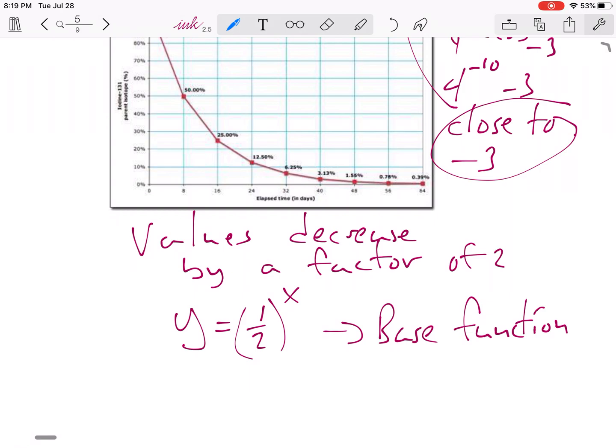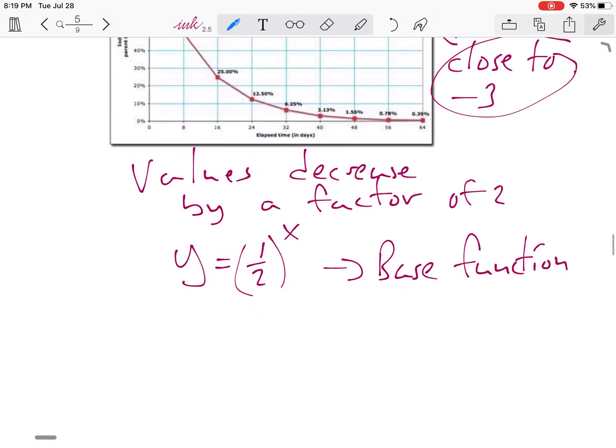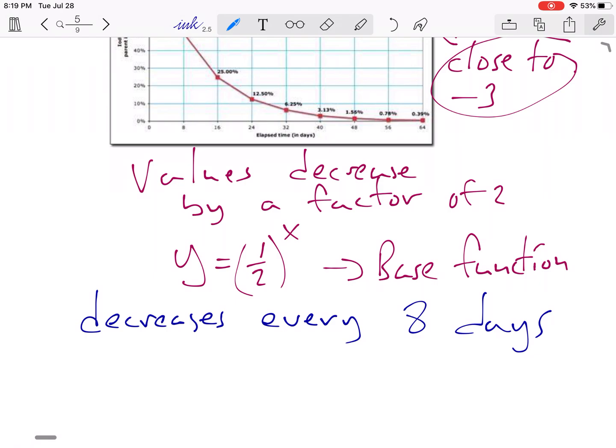Now let's see if we have to add in any transformation. Looking at all the letters that we have from that transformation, what you're seeing here is that it decreases every 8 days, right? So according to the horizontal axis.